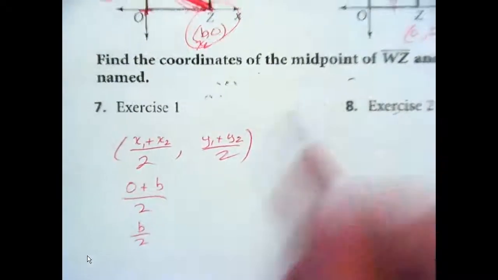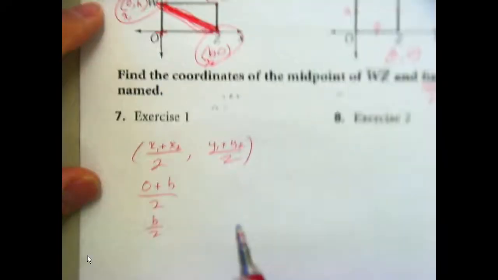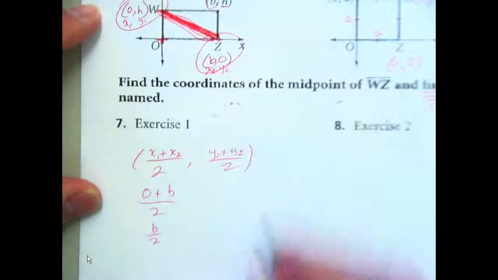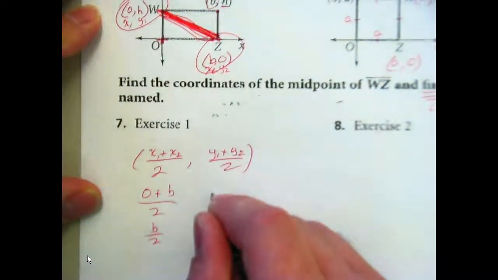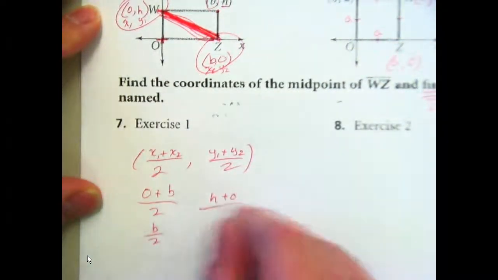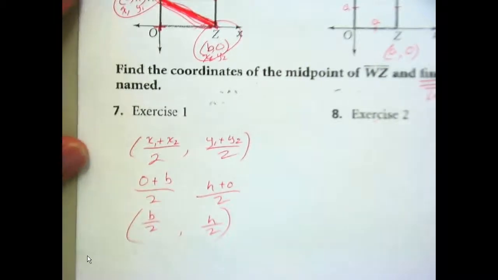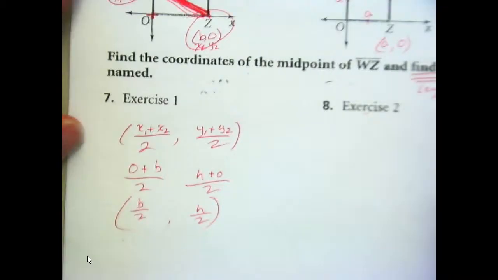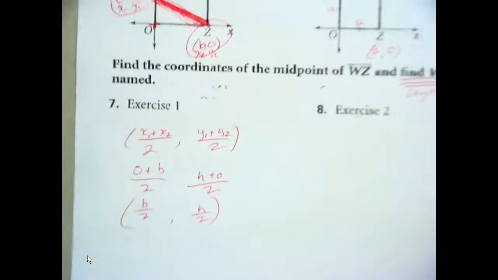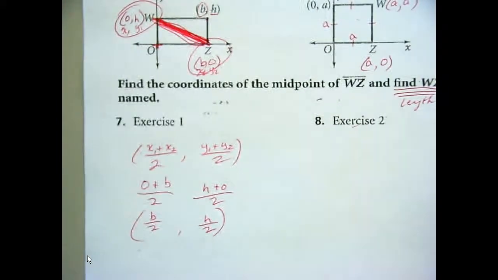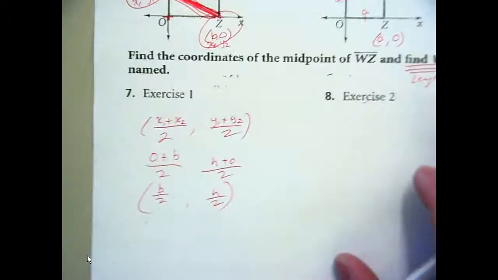And for y, we have h plus 0 over 2, or h over 2. So your ordered pair: b over 2, comma h over 2. Somebody got it? Okay.